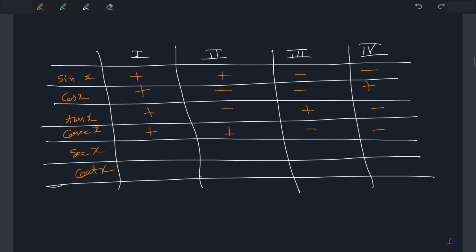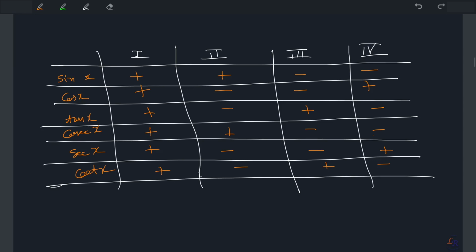Similarly for sec, which is 1 upon cos, it follows plus, minus, minus, plus. And then cot, which is the inverse of tan, is plus, minus, plus, minus, right? So that's very easy. Now you know how the sign changes in the different quadrants.